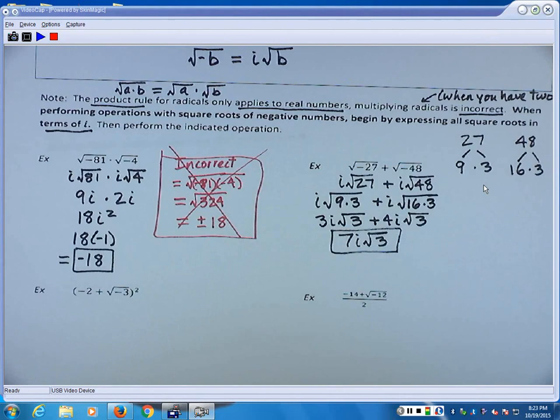If one of those terms had square root of 6, for instance, instead of square root of 3, we couldn't combine them. They had to have the i and the square root of 3. If it had a cube root of 3, we couldn't combine them. It had to be square root, same radicals, like radicals. All right, the next one.